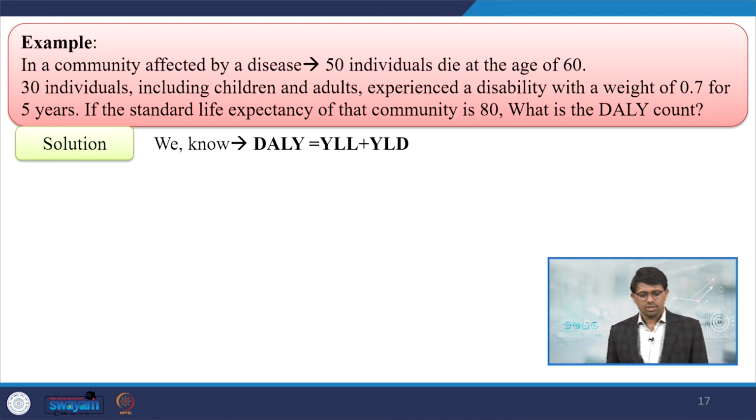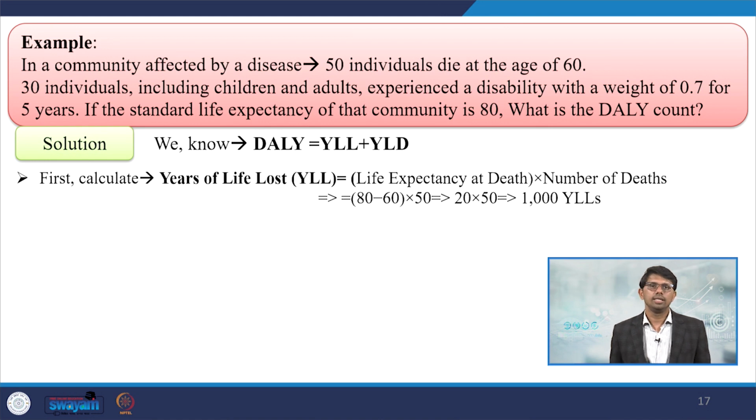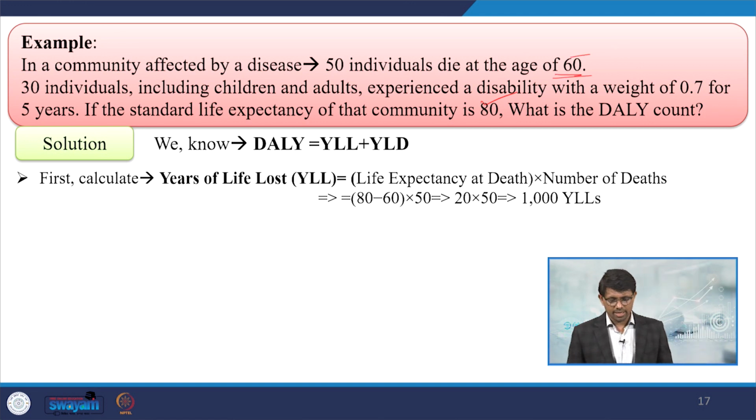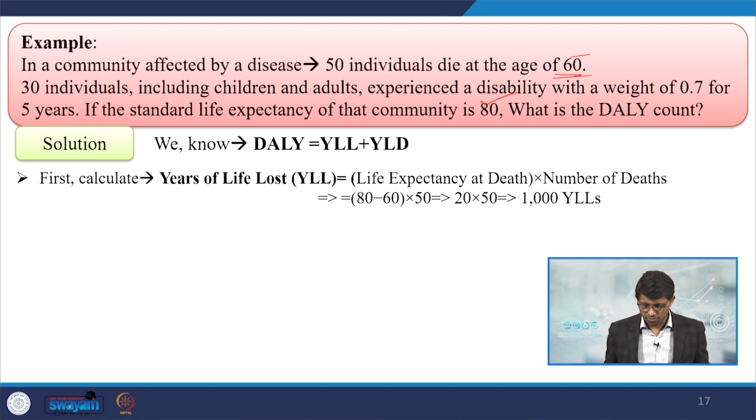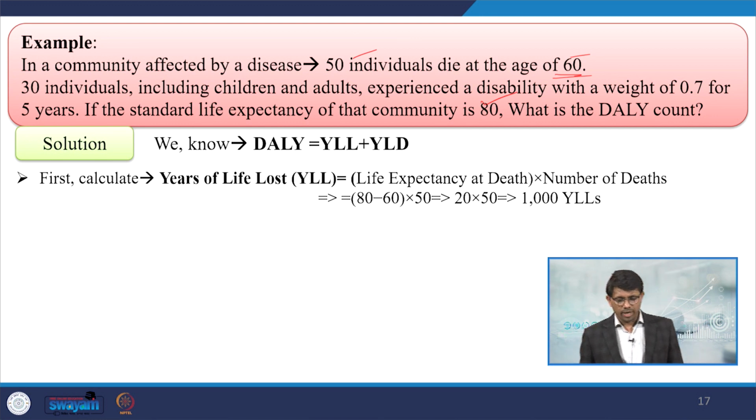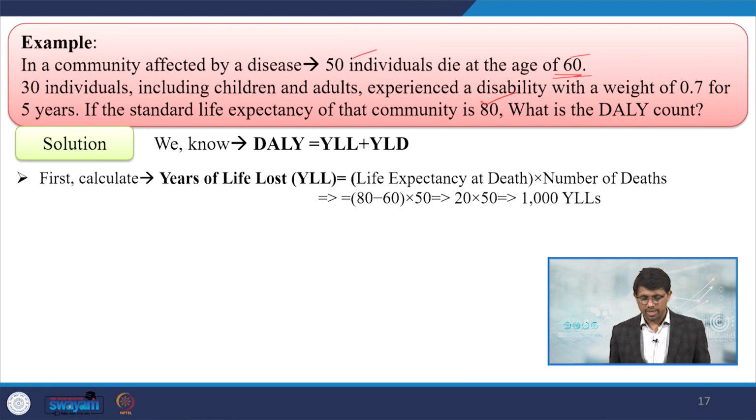In that case we simply add YLL and YLD. Years of life lost is the difference between the standard life expectancy of 80 and the age of death, 60, times the number of deaths, 50 individuals. So, 20 times 50 is 1000 YLLs.